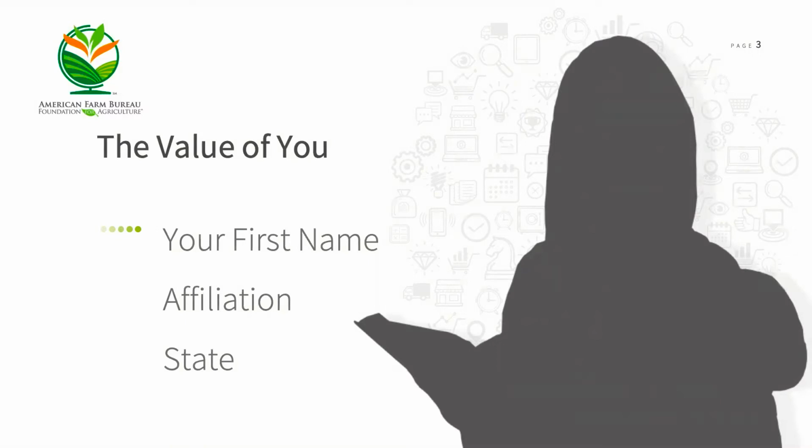A big part and one of my favorite parts about this webinar is bringing together a bunch of people from all over the United States to talk about the value of agriculture and education. Each of you bring a really unique perspective and mindset to this conversation, and we want to know who you are and where you're from and what you do. So go ahead in the chat box and in one message, put your first name, your affiliation.